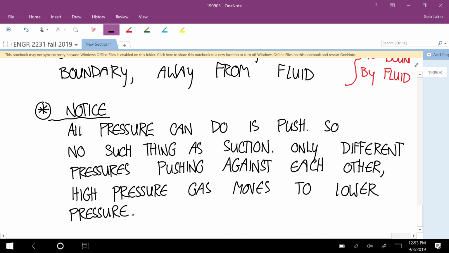So this is kind of a different aspect of being in an airplane, so I don't want this to be confusing. When you're in an airplane at 30,000 feet, the pressure in the airplane is very high compared to the pressure outside, and that's why if the door blows off, everybody gets blown towards the door.